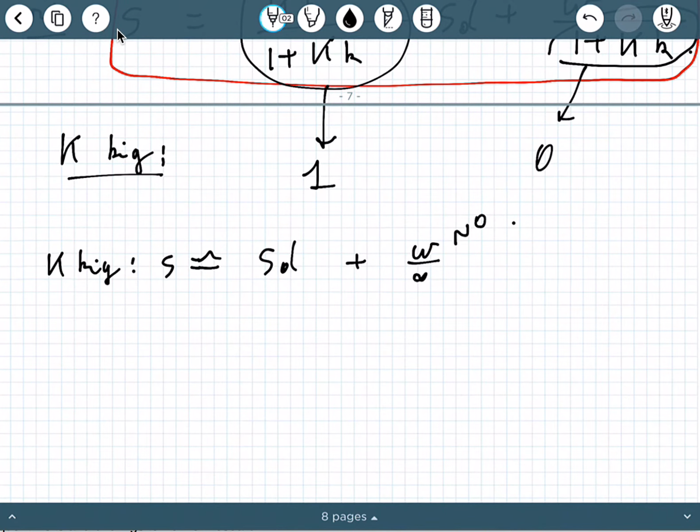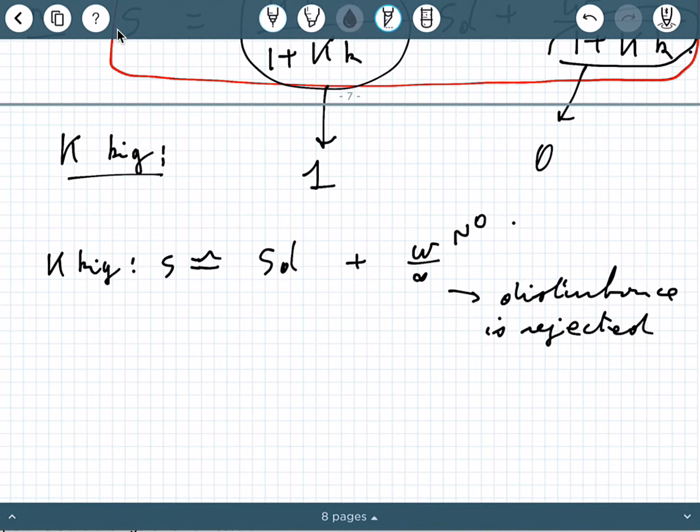In other terms, you have indeed good disturbance rejection. Okay, the disturbance is rejected, and the nominal and desired speed is properly followed. So the command is followed.